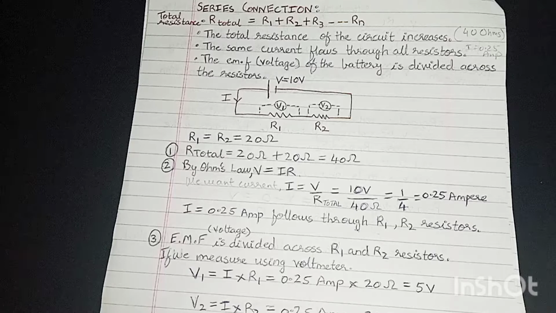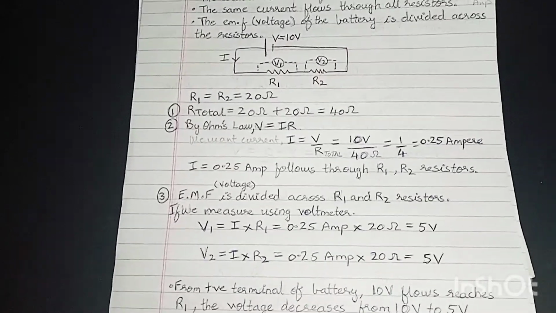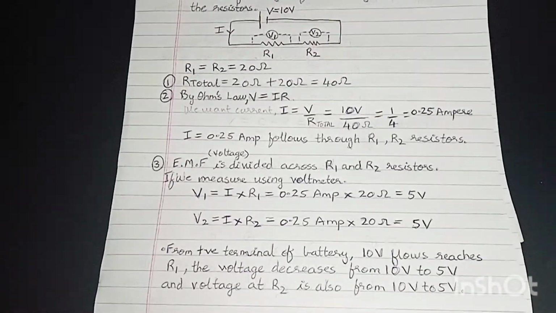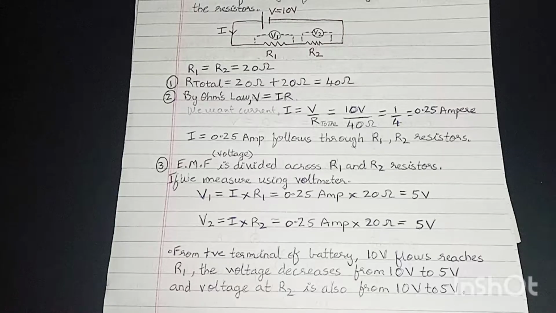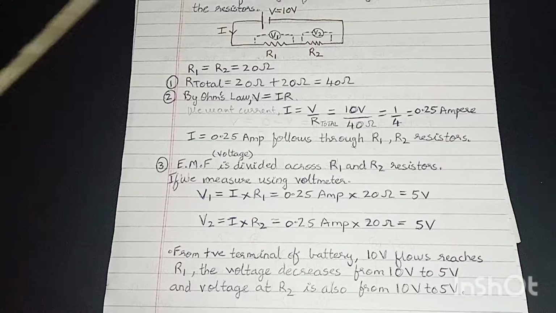Now coming to the third part, where we have to calculate the voltage across each resistor. The EMF, the electromotive force, is divided across R1 and R2. We have to prove that the EMF of the battery is divided across resistors R1 and R2.